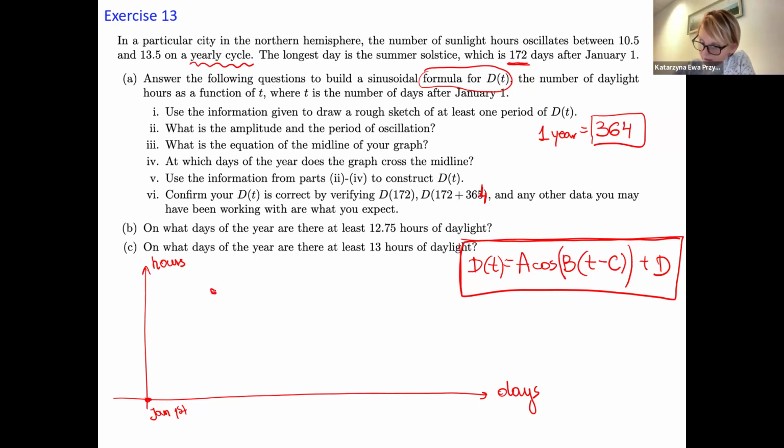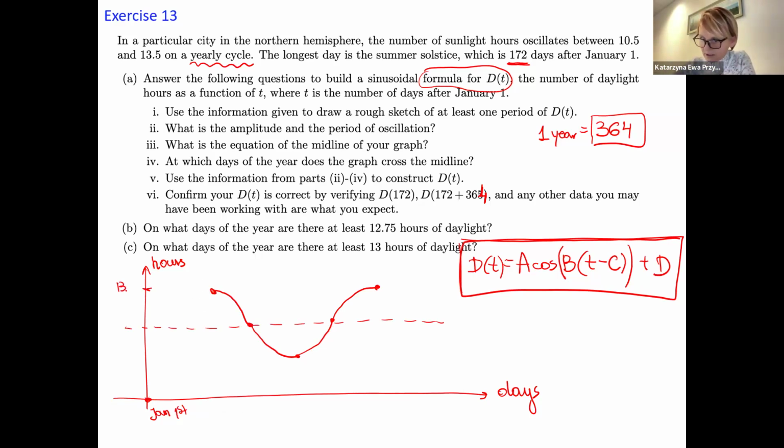It means maximum value somewhere here, midline, minimum, midline, maximum. We can see it's cosine, but I shifted it, and we have to know this is the midline. That's how I recommend doing it. Sine is different; sine will be like this, but I pick cosine. Maybe we will need these days, but it's fine.